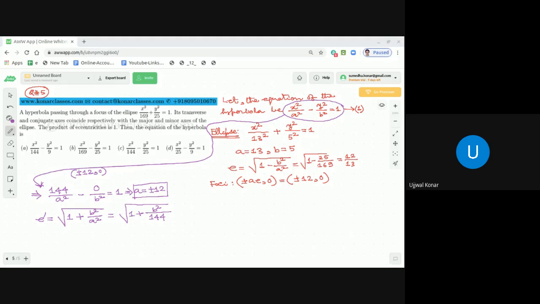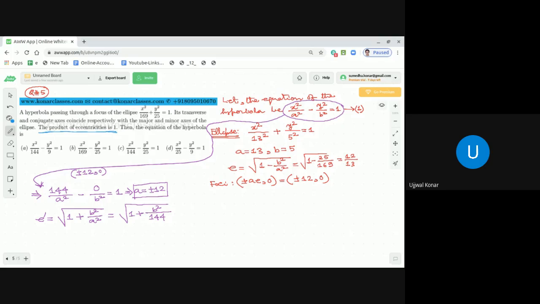So this is the value of e prime. According to the question, the product of the eccentricities is equal to 1. All this information is very, very important.